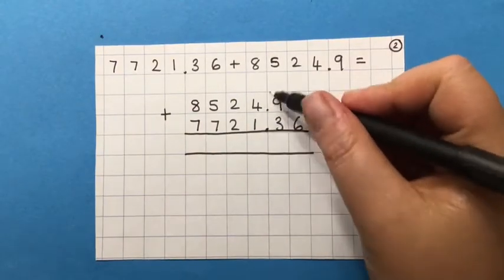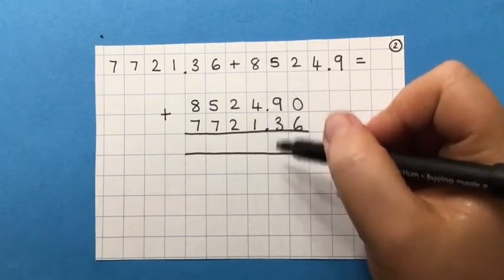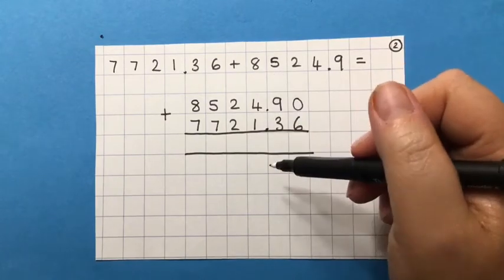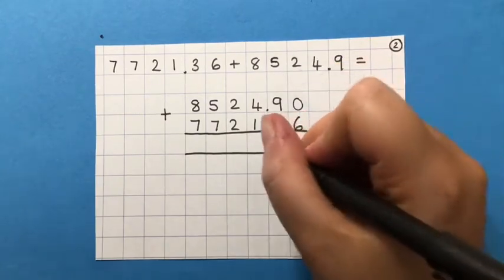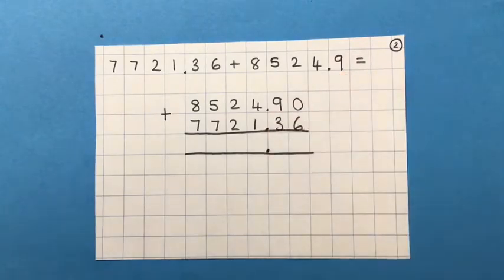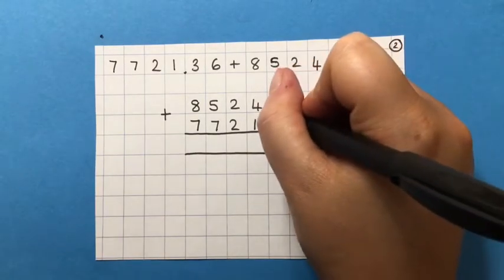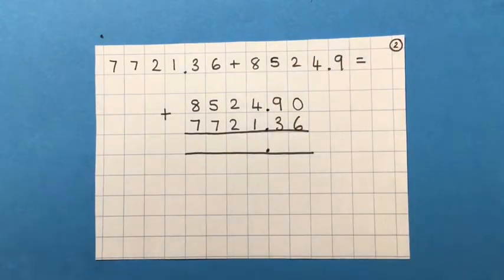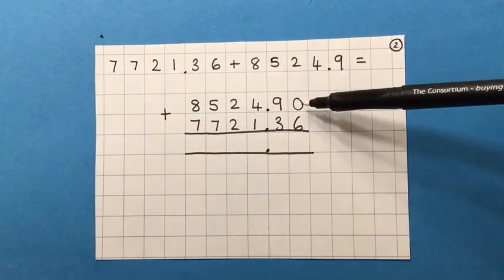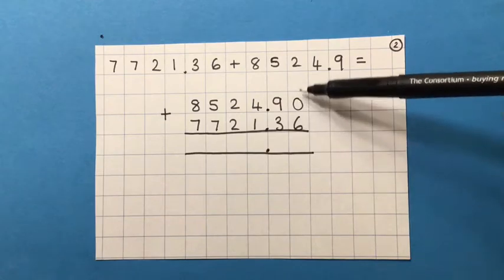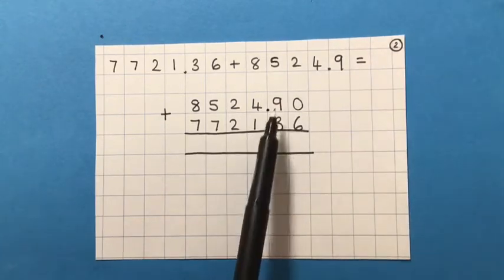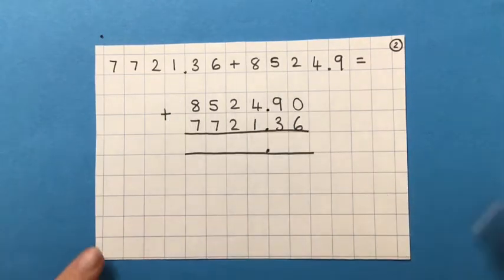Now, because the decimals are lined up, that decimal shouldn't move. It should stay exactly where it is. So if you want to, you can pop your decimal underneath because the answer will have the decimal in the same place. Okay, then we can work out our calculation. So let's just quickly go through exactly what we're adding here.